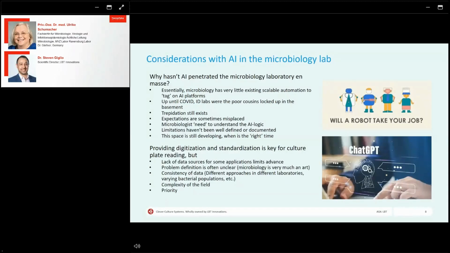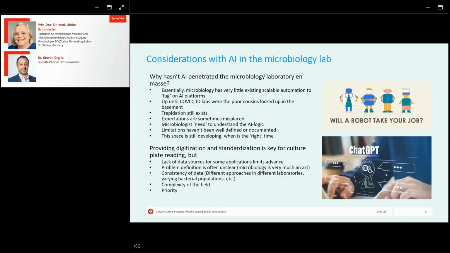There's also a priority within the lab. What's more important? Do I want a culture plate reader? Do I want TLA? Do I want front end of TLA just to do streaking? Do I need automated sensitivity testing? So where do we prioritize the use of AI in the lab, understanding that culture plate reading is a highly skilled task, and that is an important job that still remains.